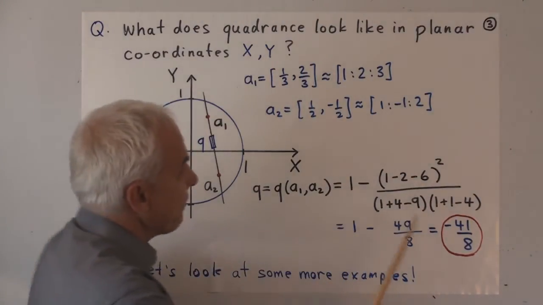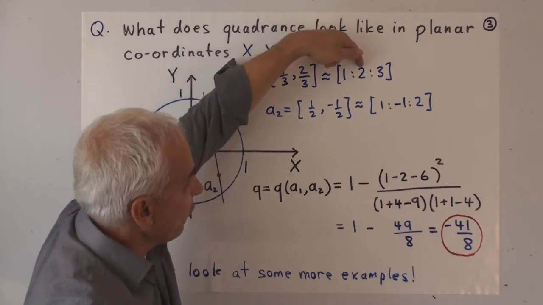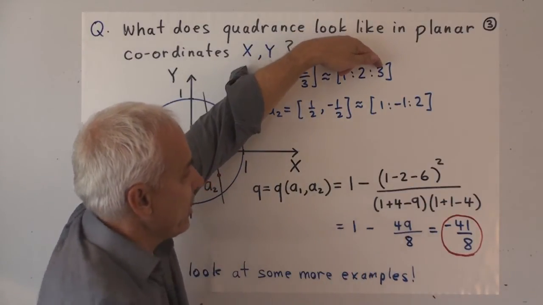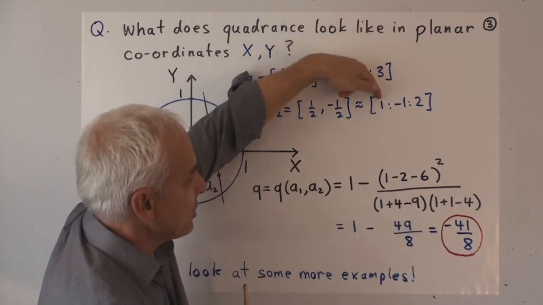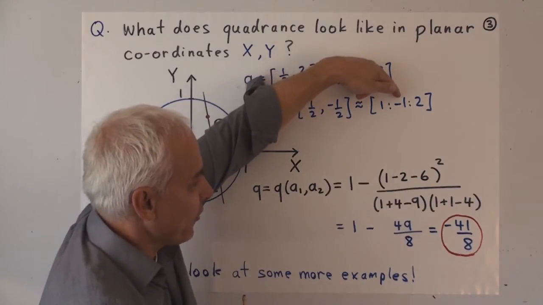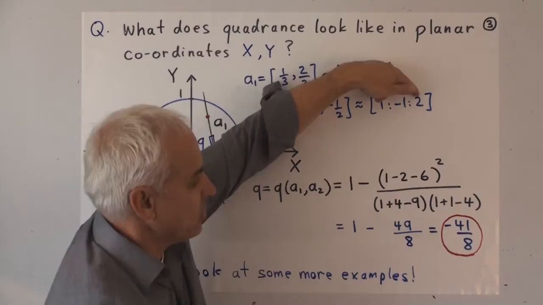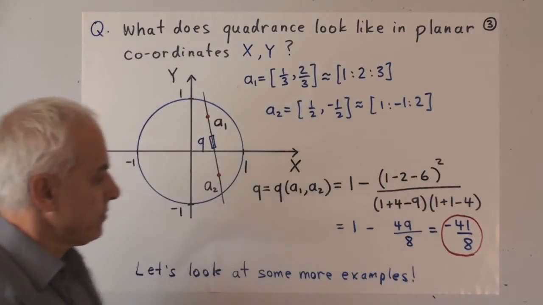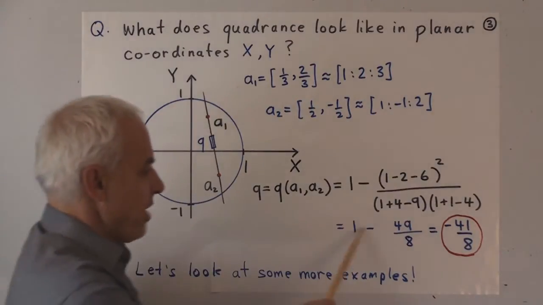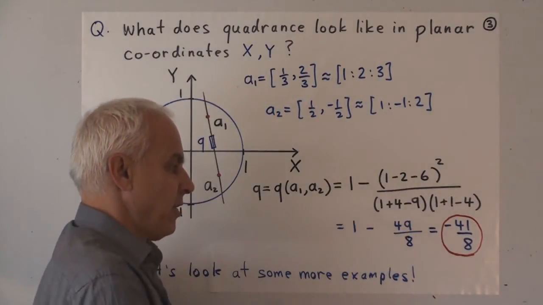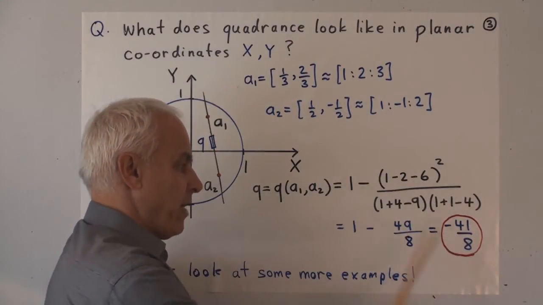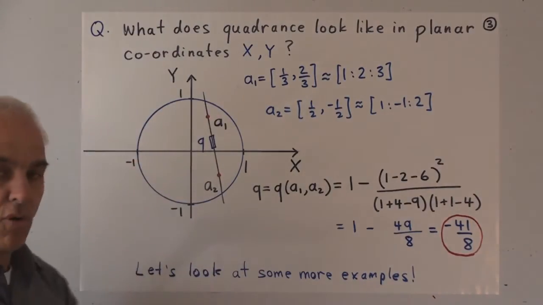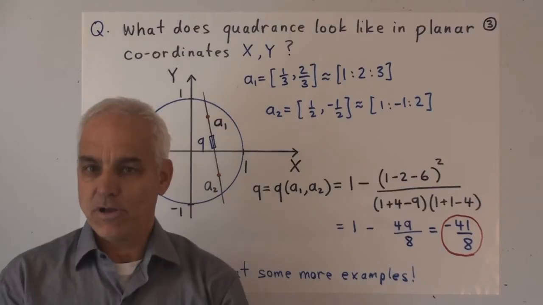And on the bottom we have 1 squared plus 2 squared minus 3 squared, so 1 plus 4 minus 9, times 1 squared plus minus 1 squared minus 2 squared, so 1 plus 1 minus 4. So that's 1 minus 49 over 8, which is minus 41 over 8. That's the quadrants between these 2 points in the hyperbolic plane.